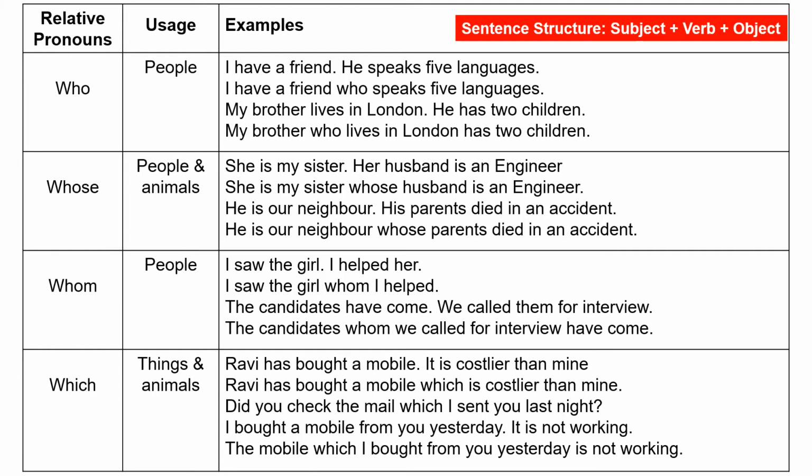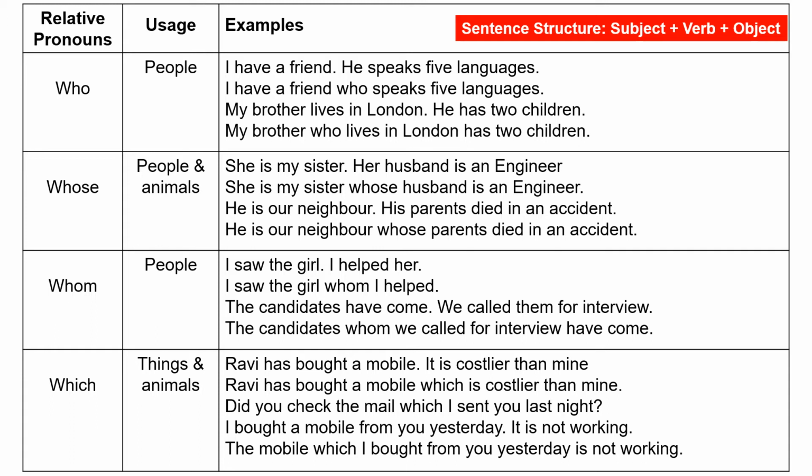Next, whose. Whose relative pronoun is used for people and animals. Whose is also used in the place of the subject. Example, she is my sister. Her husband is an engineer.